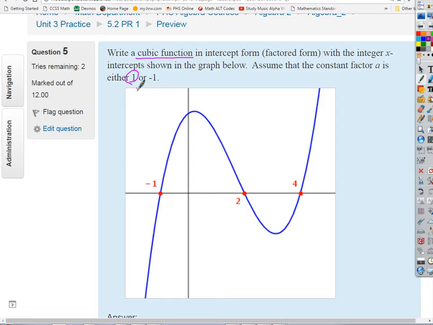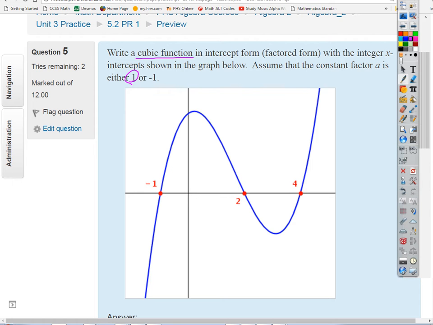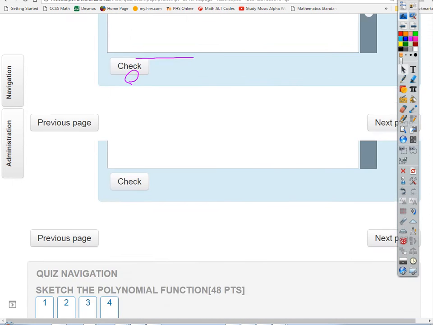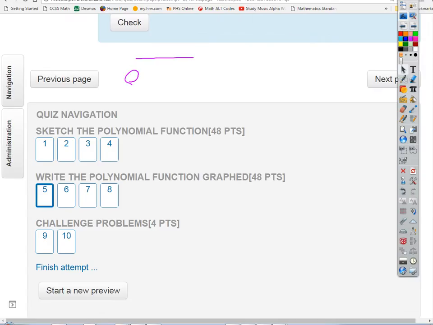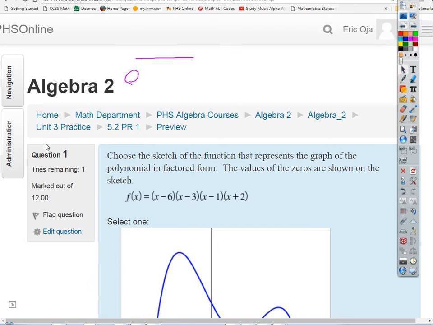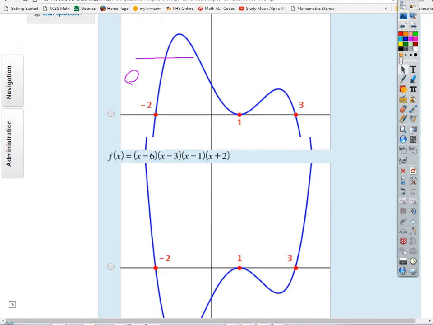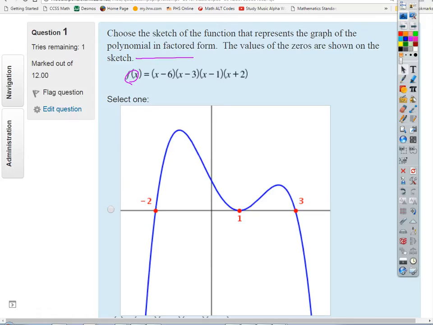Let's go back just a little bit, for just a second, to one of these. Okay, so look at this one. This is a harder one, where they give us the function and we've got to make the sketch. What are the x-intercepts of that function? 6, 3, 1, and -2.